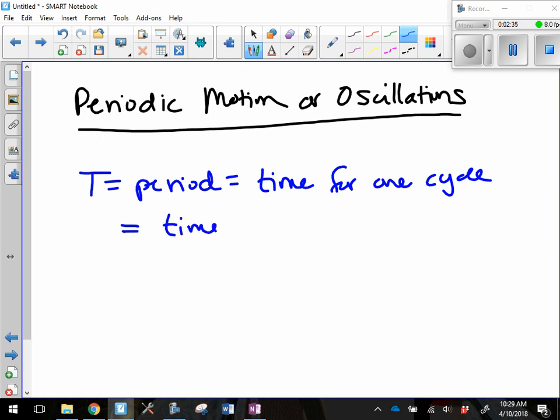And so this has units of time per cycle. So usually we measure this in seconds, and it's implied in the definition that it is the amount of time for one cycle.